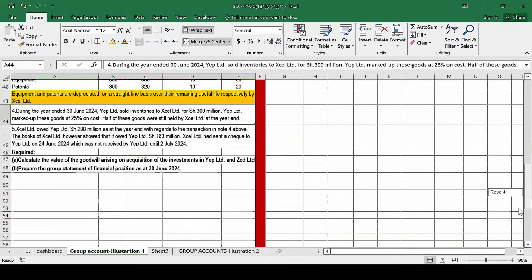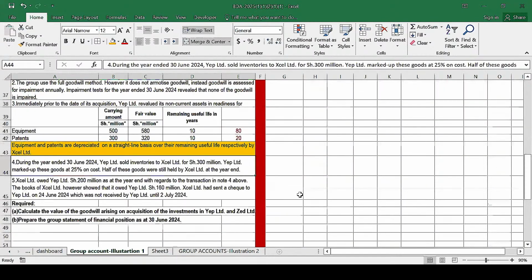So these are sales between the subsidiary and the parent. If we were preparing the consolidated income statement, this would be deducted from the group revenue and the group cost of sales.